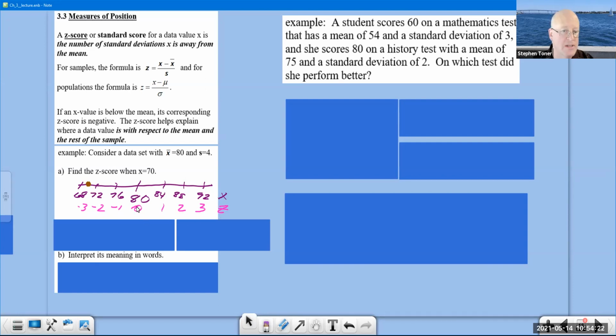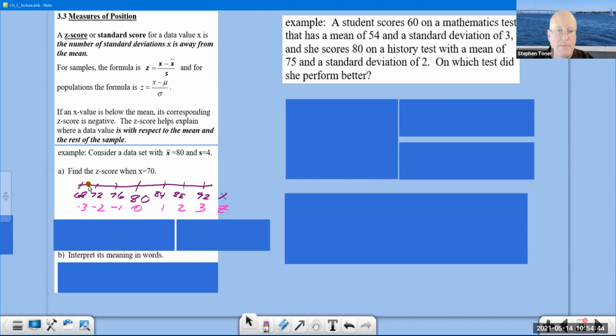Notice how at the center, I labeled z equals 0. And when z equals 1, X was 84 because 84 is 1 standard deviation above the mean. Likewise, 76 is 1 standard deviation below the mean, so it received a z-score of -1.